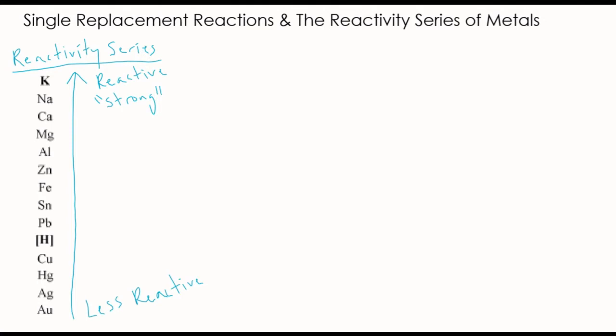So some rules and basically how we can use this reactivity series of metals. So when you have a stronger metal, it can attack and it will kick out a weaker metal.